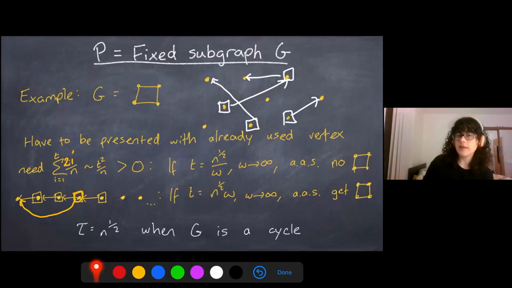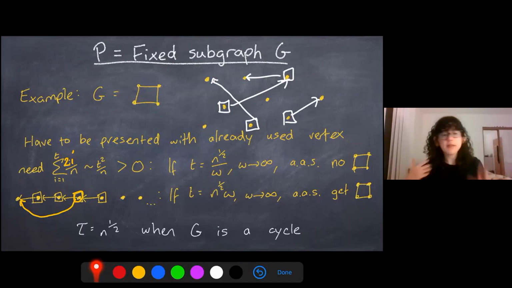Notice that in this context, compared to the global context, I'm allowing myself a little bit more wiggle room with what a threshold means. In these contexts, I'm going to care about the power of n and not the constant in front of n. I'm going to say that something is a threshold if for any function omega that tends to infinity with n, if t is like the threshold over omega, asymptotically almost surely we can't make the thing.